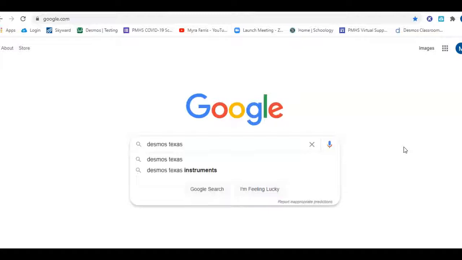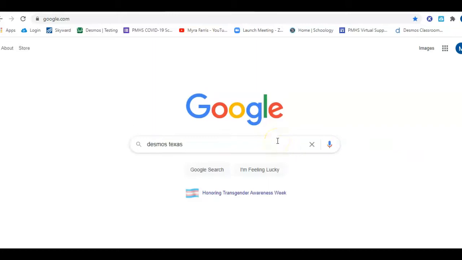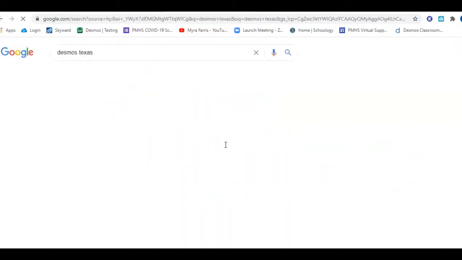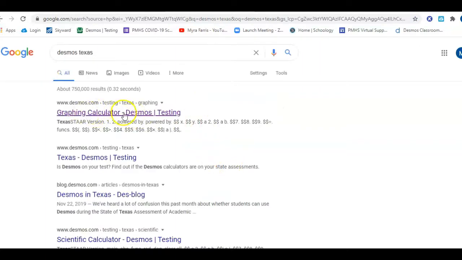by graphing. We're going to graph with Desmos. But we need to not just use the regular Desmos, we need to use Desmos Texas. And so we need to get this one that says Testing Texas Graphing.